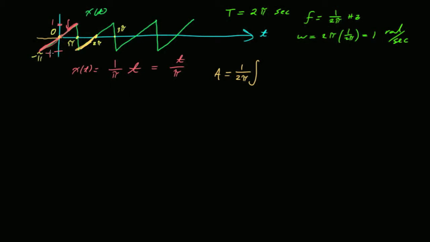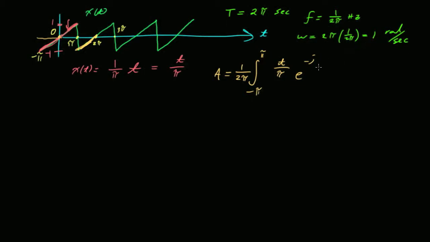Okay? So I vote that we integrate it from minus pi to pi, and it's going to be x of t. So x of t in this case is t over pi, and then it's e to the negative j omega t. So e to the negative j, where omega in this case is 1, exactly the same frequency as my signal.